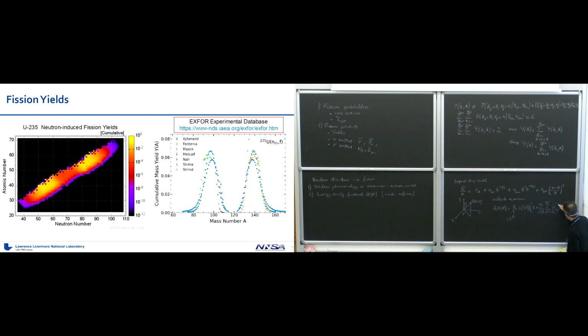Then these guys here are the deformation parameters. So these are things that we have to specify. If we want to make a calculation with the liquid drop model, we have to decide what the deformation is going to be. We have to set the value of these deformations to whatever we want.